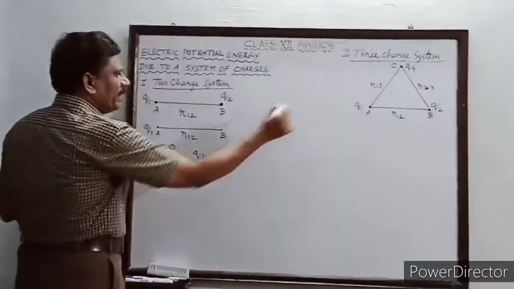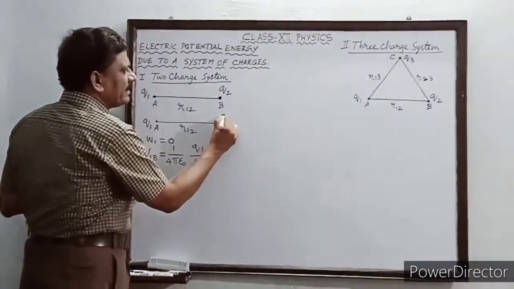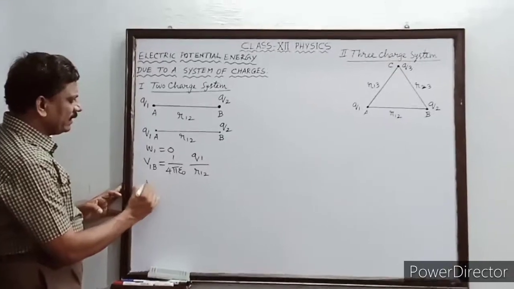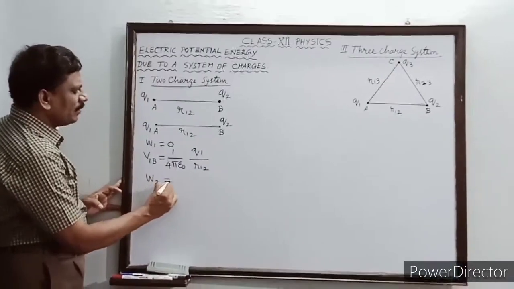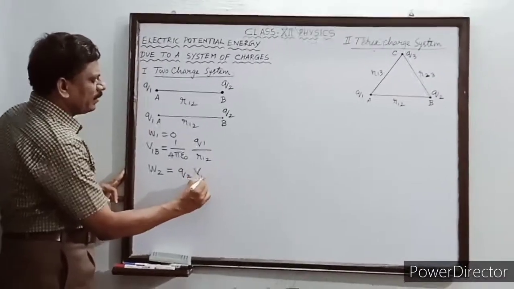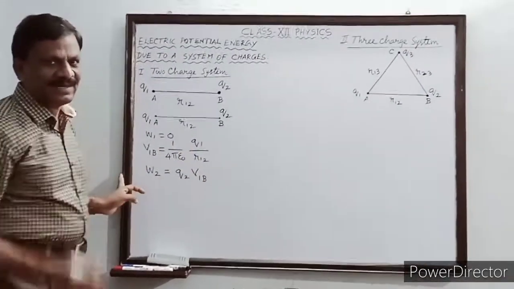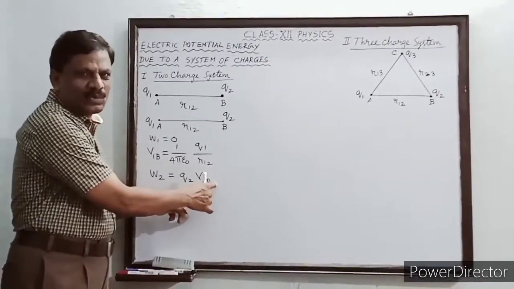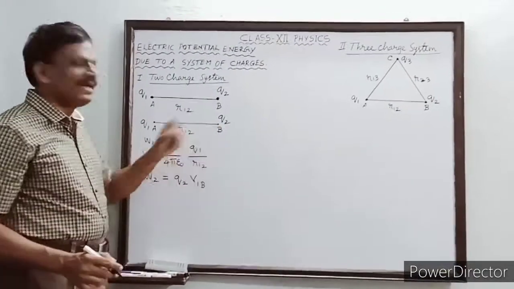So I bring from infinity and place a charge Q2, and the work done in this step W2 must be equal to what? Q2 into V1B. Is it not? V1B is the work done in bringing a unit positive charge of plus 1 coulomb from infinity up to the point B.